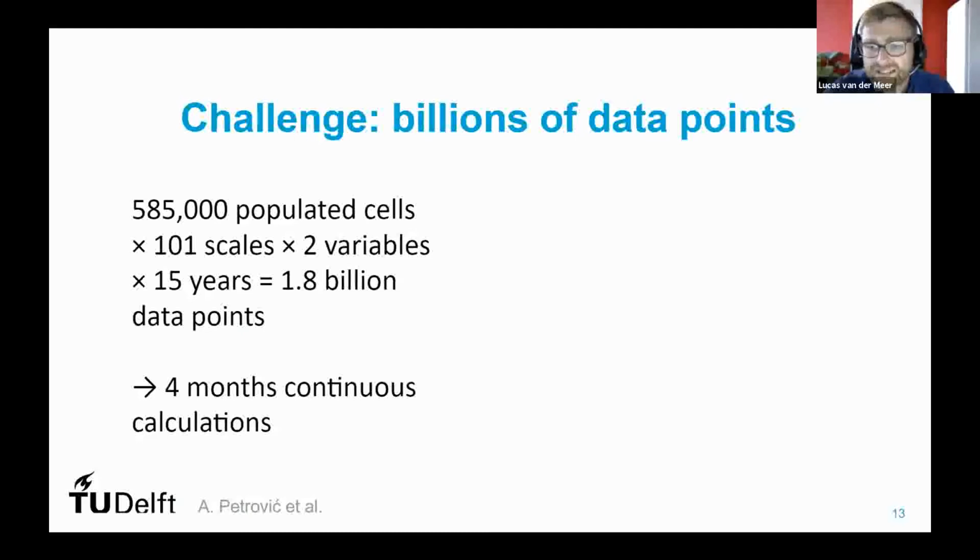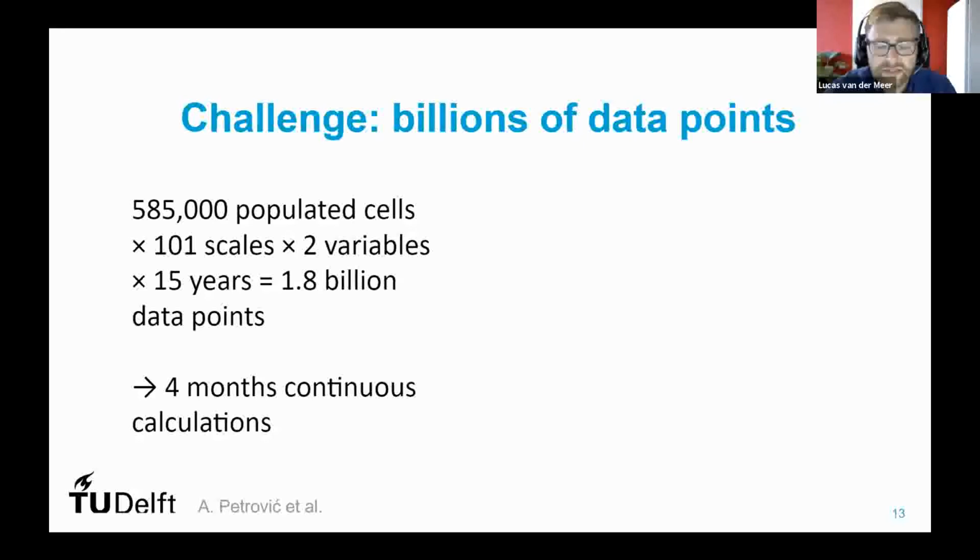I'll explain exactly what she did later, but she used a complex analysis of geospatial cells in the Netherlands, almost 600,000 cells at 101 scales for 2 variables for 15 years, resulting in almost 2 billion data points. And with the regular desktop machine that Statistics Netherlands provided her with, that took 4 months of continuous calculations.